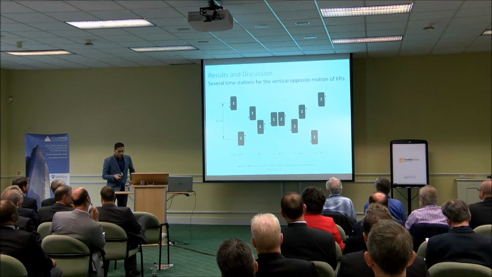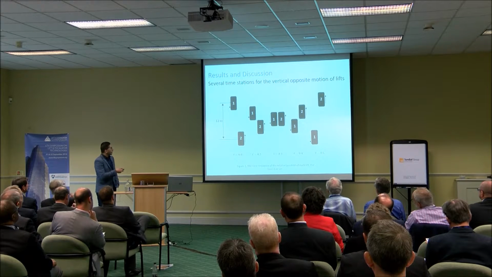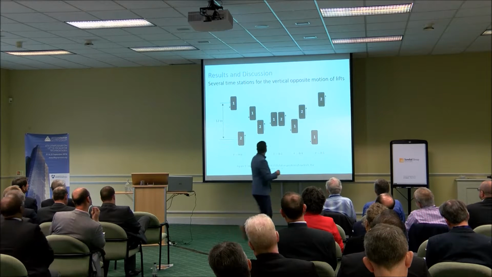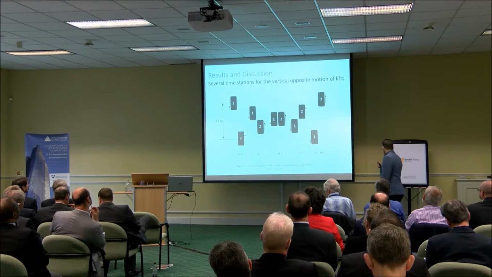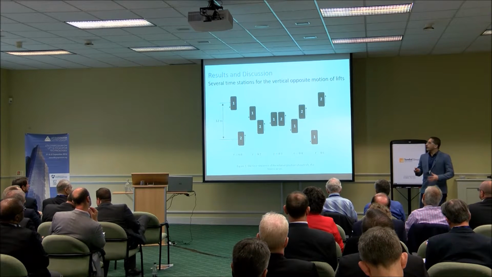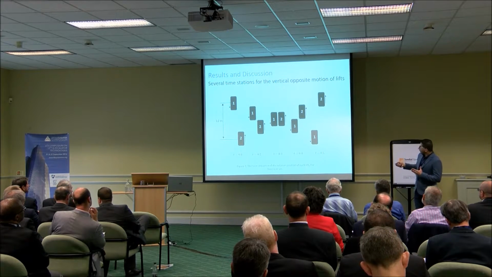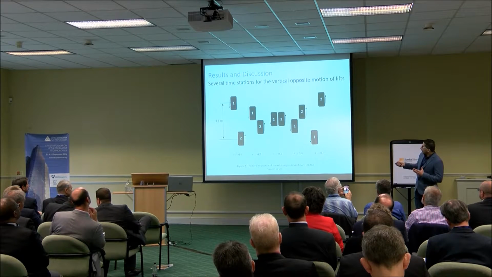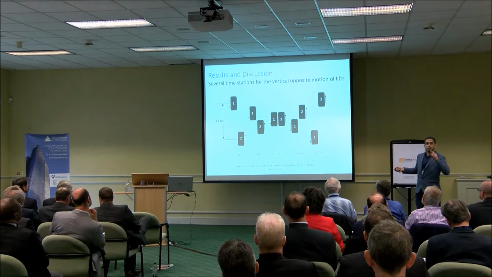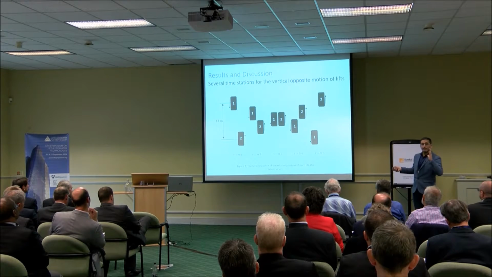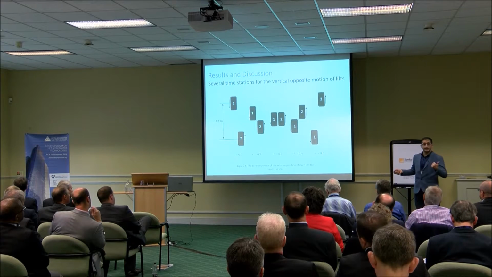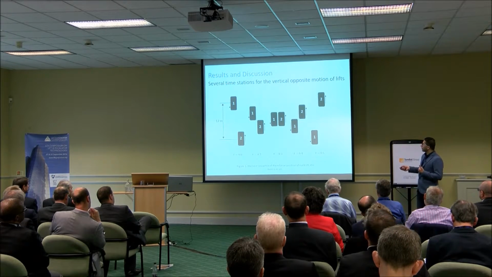To clarify my scenario, this figure shows 5 different time stations for the vertical motion of lifts, and at t equals 0, the two cars are moving at a constant velocity of 20 meters per second, and they are located 12 meters apart from each other.